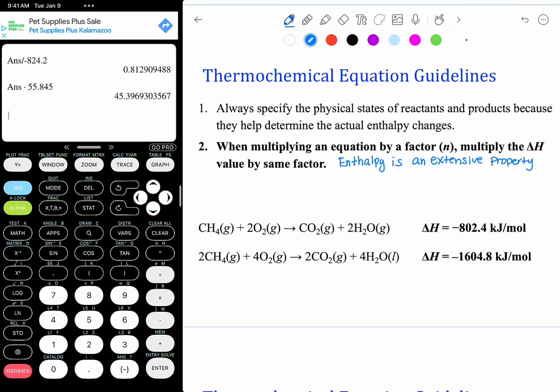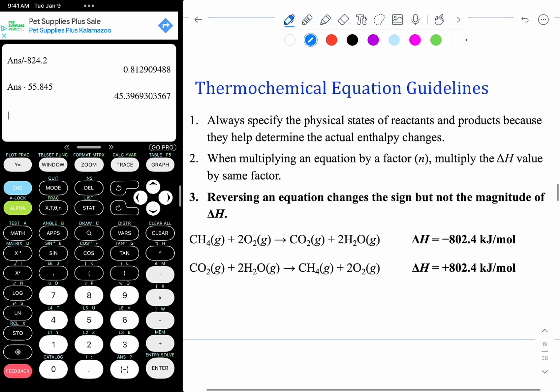So we showed this with the water going from a liquid to a gas, and if we doubled the number of moles, we had to double the enthalpy. This is what this guideline is telling us to do. So we see this again here. We have our reaction with methane. I'm only using 1 mole of methane here, but then if I go to my second one, I multiply the entire equation by 2, so I had to multiply my enthalpy change by 2. Whatever I do to the equation, I also have to do to the enthalpy.